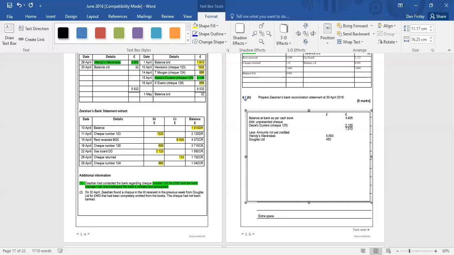So then we total that up and get 5,950, which I underline so you can see how it's set out. Then I subtract that from 7,010 and we get 1,060.